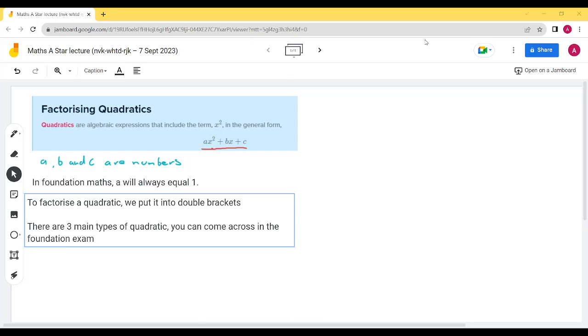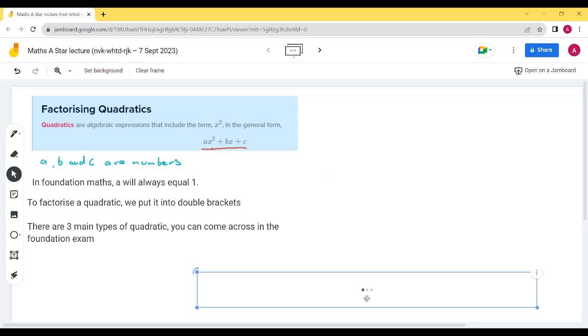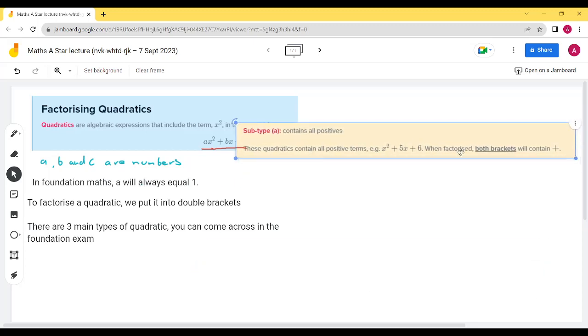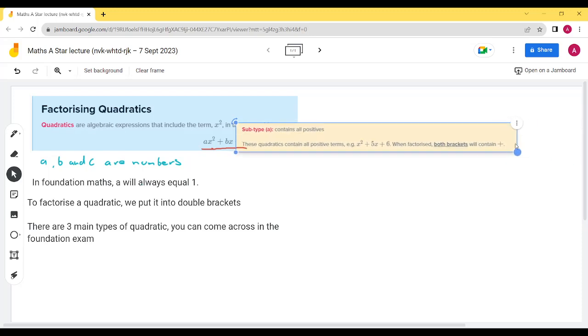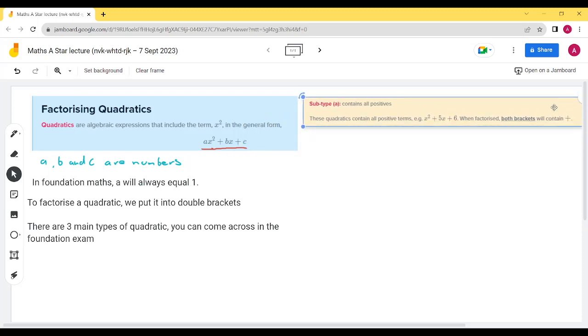And how you solve them, regardless of which type it is, follows quite a similar pattern, but there are three different versions of the signs you come across. So we're going to look at the first type here, where it contains all positives, e.g. x squared plus 5x plus 6.